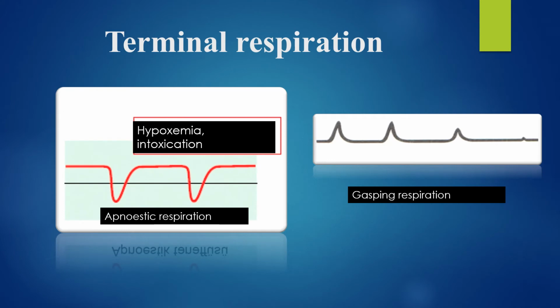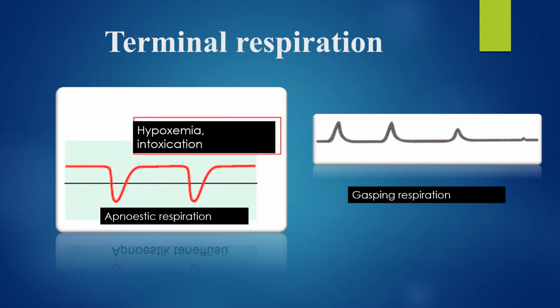Terminal respiration occurs in a terminal state when the body is between life and death. Apneustic and gasping are the types of terminal respiration. Apneustic breathing is characterized by short-term acts of expiration alternating with prolonged acts of inspiration. In this case, the duration of inspiration is several times longer than the duration of exhalation.